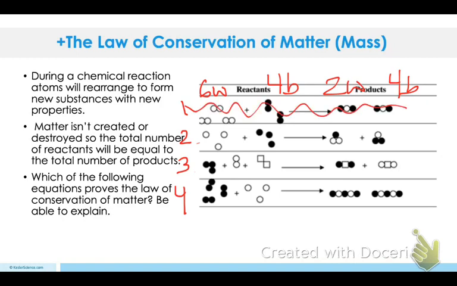The next one, you have 3 white on the left and 3 white on the right. And you have 3 black on the left and 3 black on the right. So the second one shows the example of the law of conservation of matter.